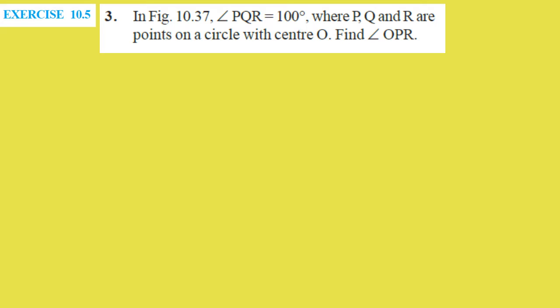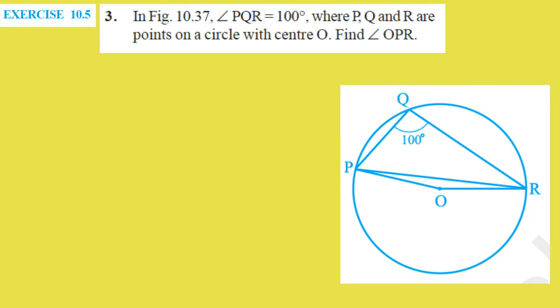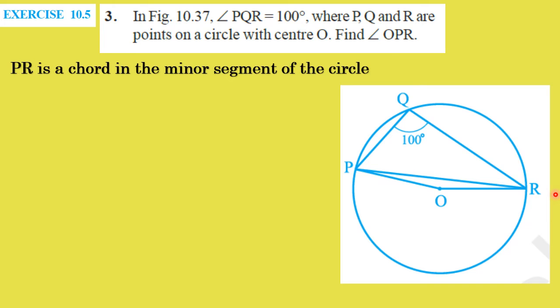In the figure, let us see the figure first. Angle PQR is 100, where P, Q and R are points on the circle with center O. Find angle OPR. So PR is a chord in the minor segment because it is above the center.